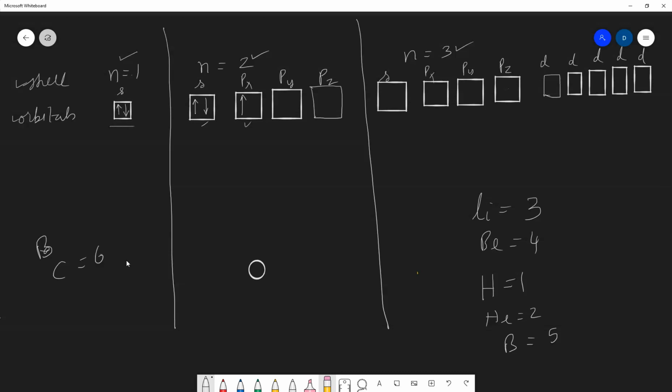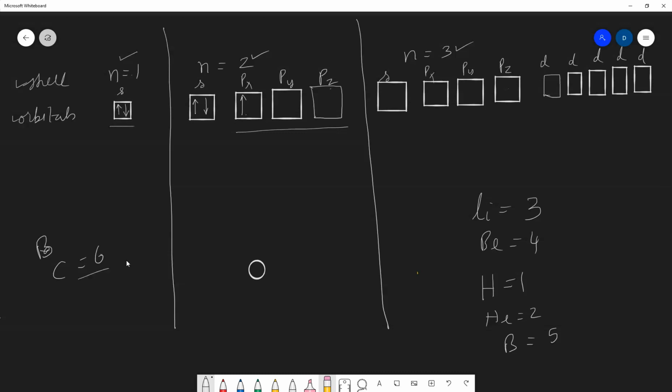Now 6, where does this next electron go? Will it go here or will it go here? The way the electron will always try to go is, it always tries to be far from any other electrons. In this p orbital, the first orbital has got 1, and in py and pz there is no electron.